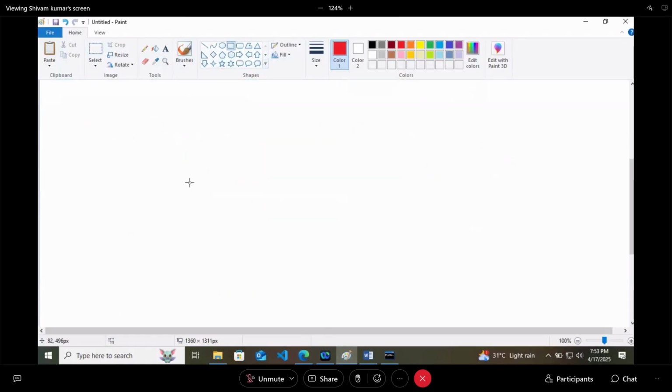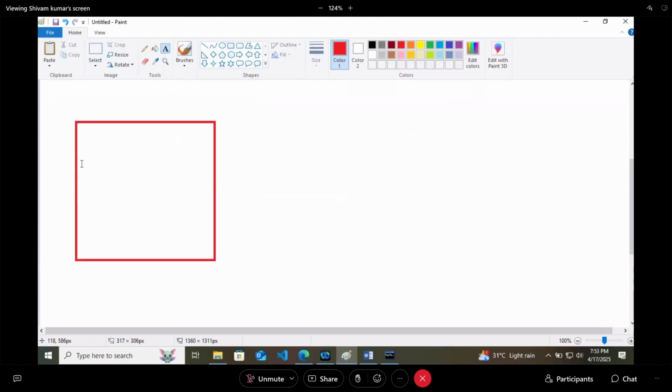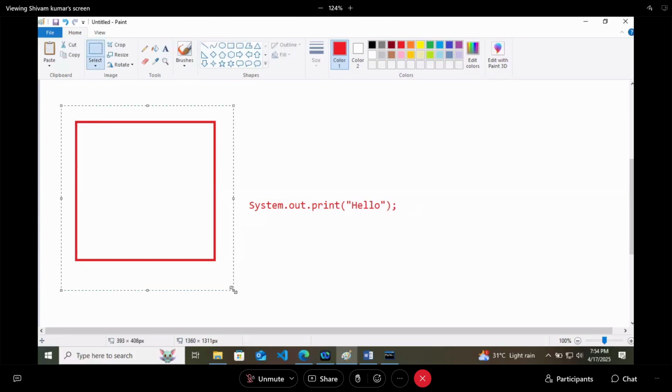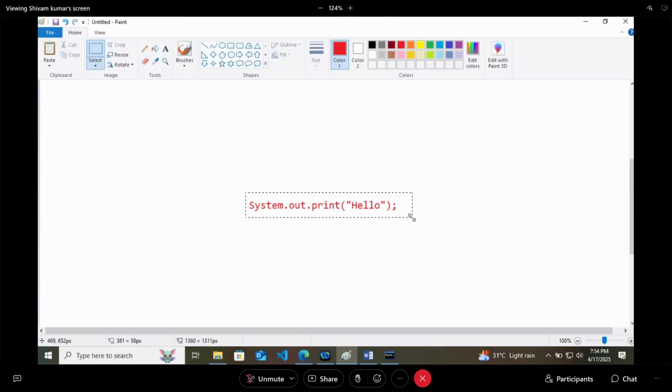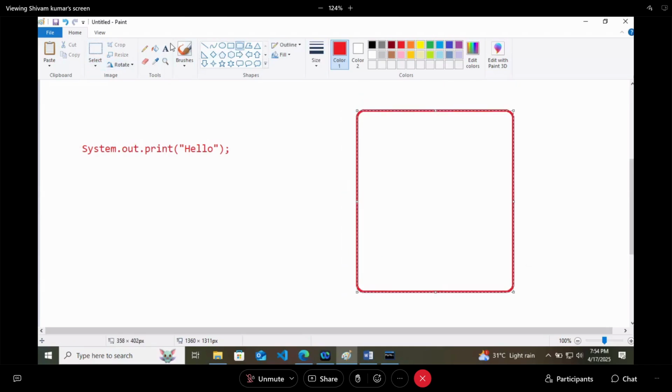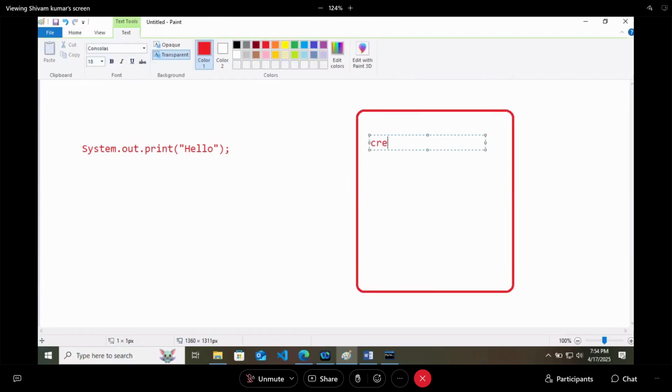Now one more example. Here a code is written something like this: system.out.println hello. Now we can simply say that this is the Java code to print hello. Now our Java application is trying to say hello to the MySQL database. Now the database will say create database.